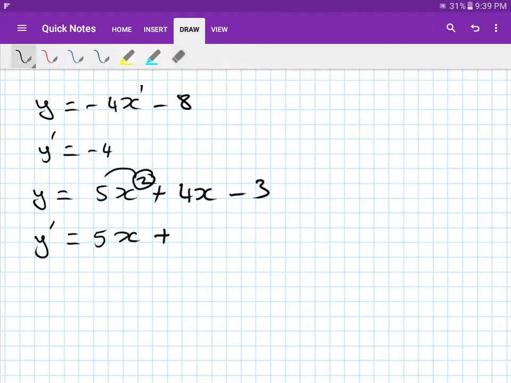So you get 4x power 0, because 1 minus 1 is 0, which means it's just 4. Because this is minus 3x power 0, and 0 times anything is 0, we just leave it. So your answer is 10x plus 4.